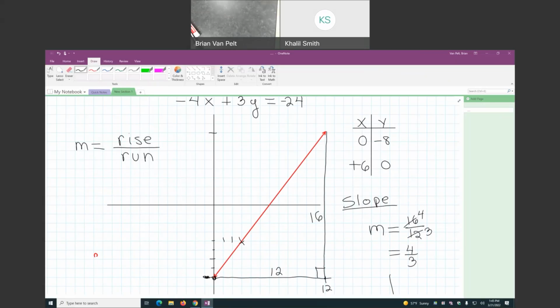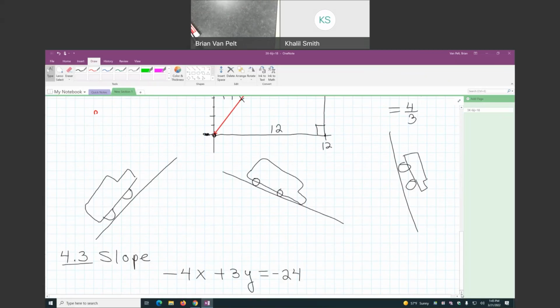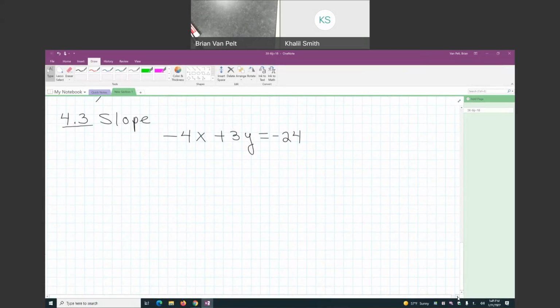Now, look at the equation. I reproduced the equation. Check this out. I wish I could be you guys seeing this for the first time, but I can't relive the joy. This equation here. Rearrange it.